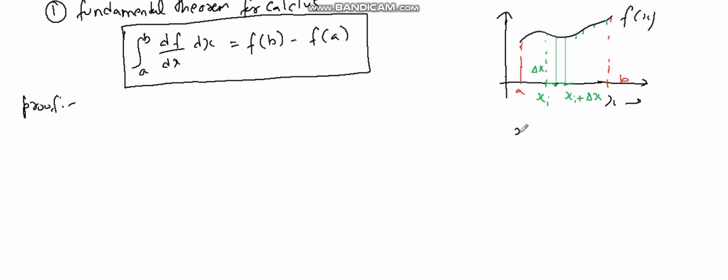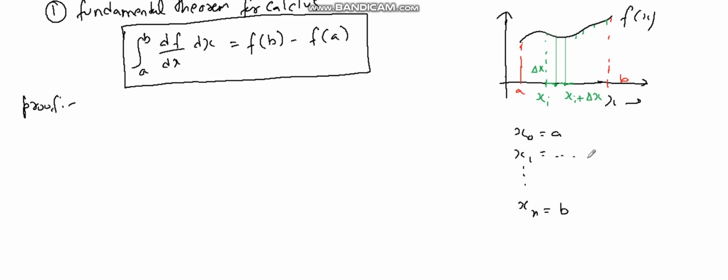Now let's say this x0 is a. Similarly, x1 will be some other point, and that will go up to, let's say, n, and that xn will be b.